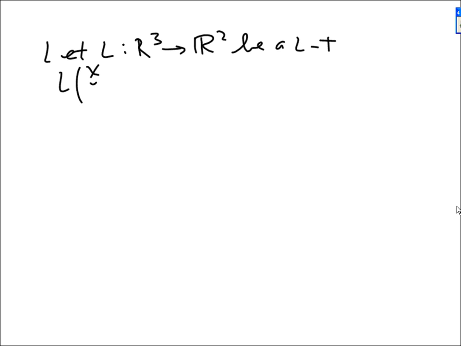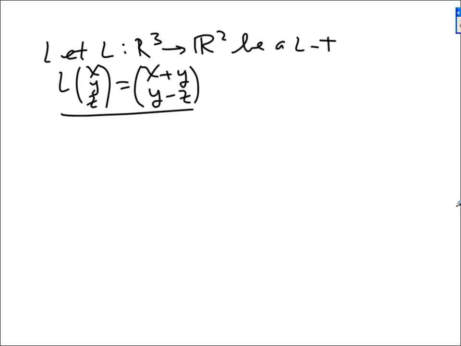We'll still work with the same linear transformation. Let L, which is a mapping from R3 to R2, be a linear transformation defined by L of (x, y, z) is (x plus y, y take away z). And you're given two bases, one for R3.